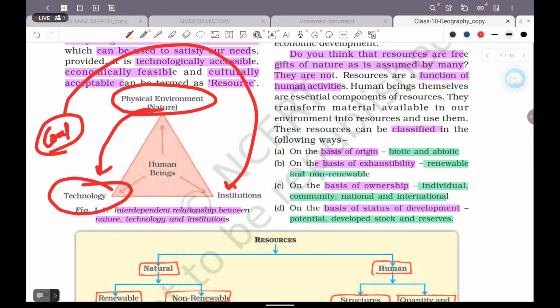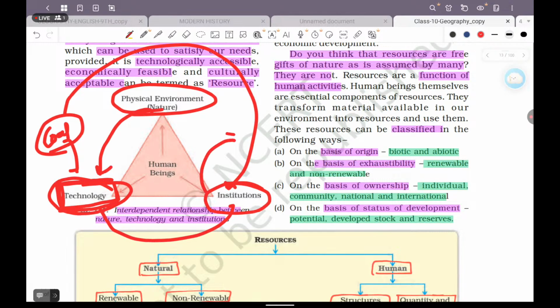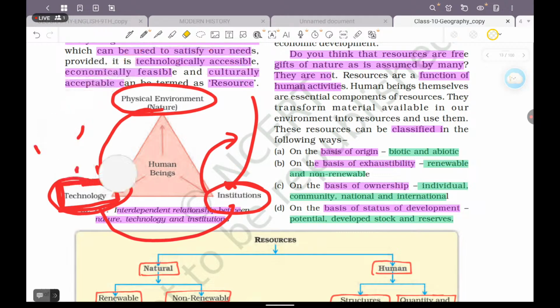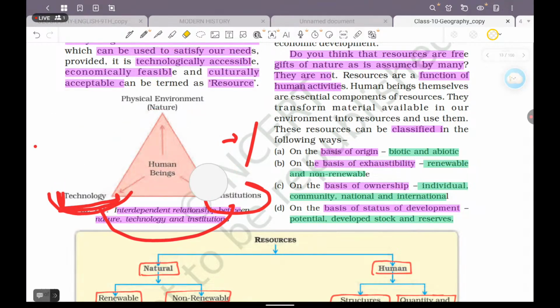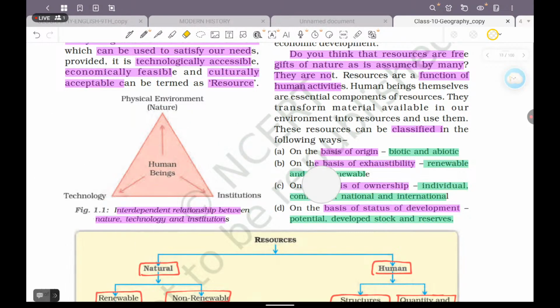For this, humans use certain technology to extract the coal from its reserve, and then an institution supplies that coal to other people. That's why there is a relationship between the physical environment, technology and institution.